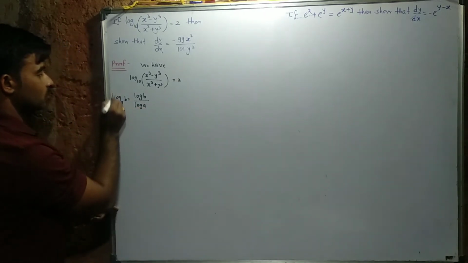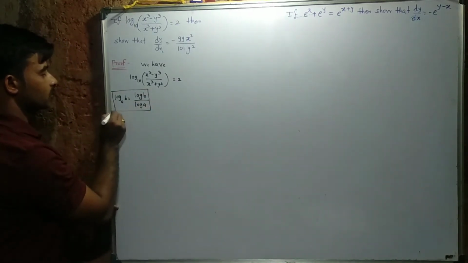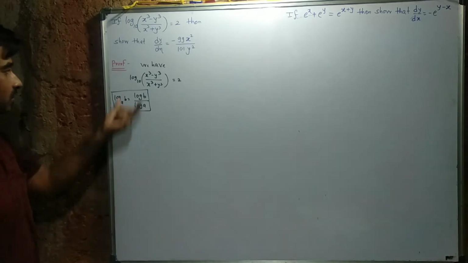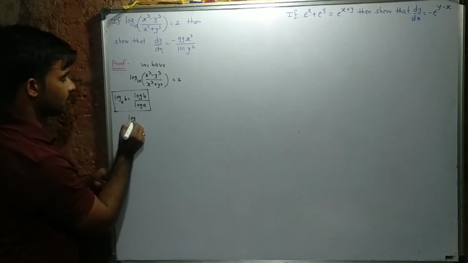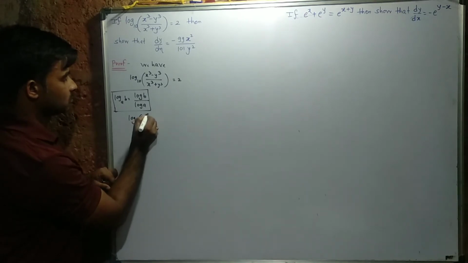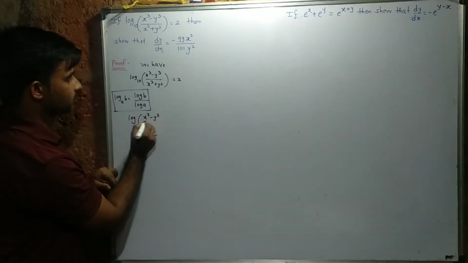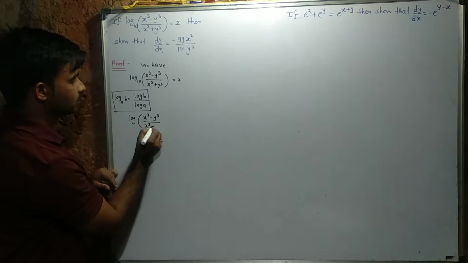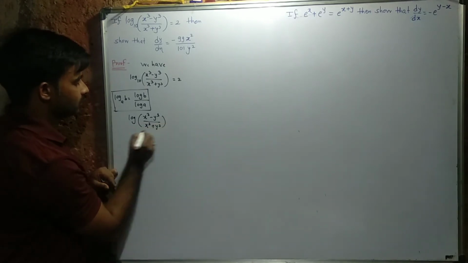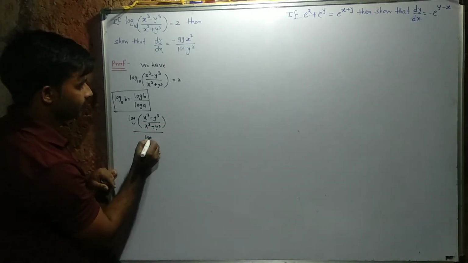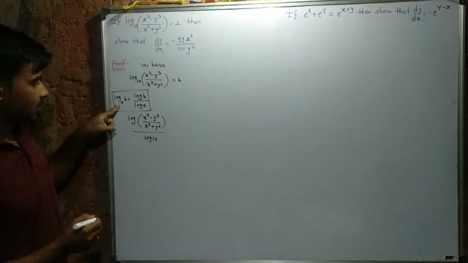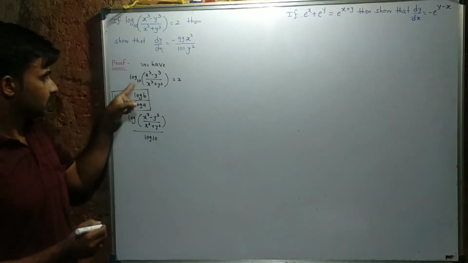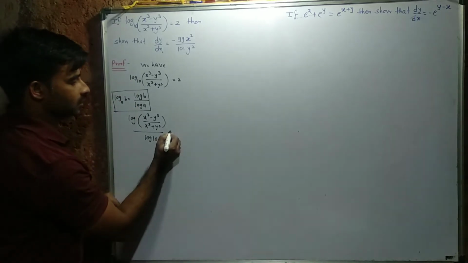By using this formula, we will get log of (x cube minus y cube) divided by (x cube plus y cube), divided by log of 10, and it is equal to 2.